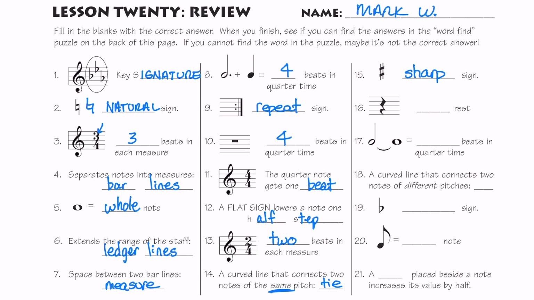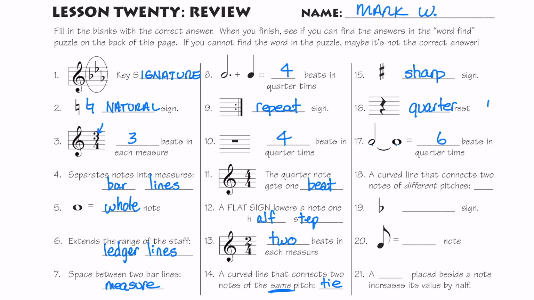What is this one? That's a flat. And this is called a quarter rest. That only gets 1 beat. How many beats is this one tied to this one? Together, it's 6 counts, 6 beats.